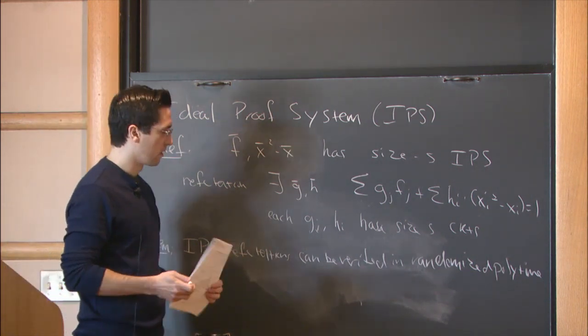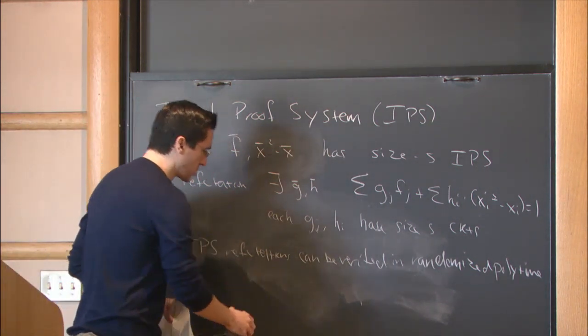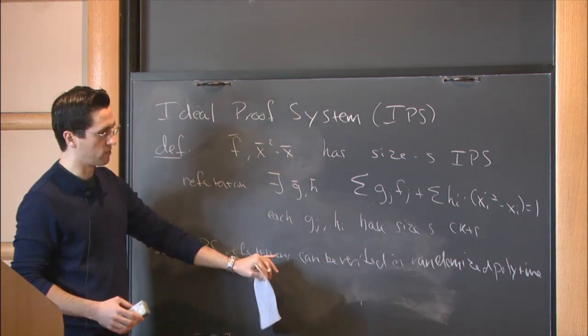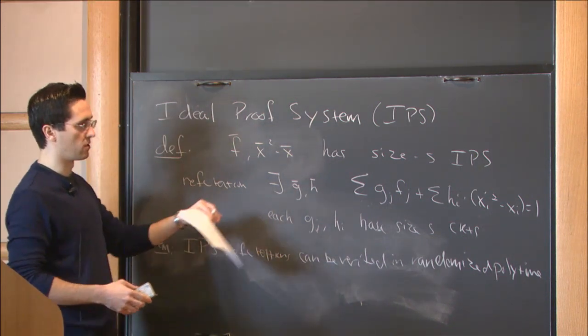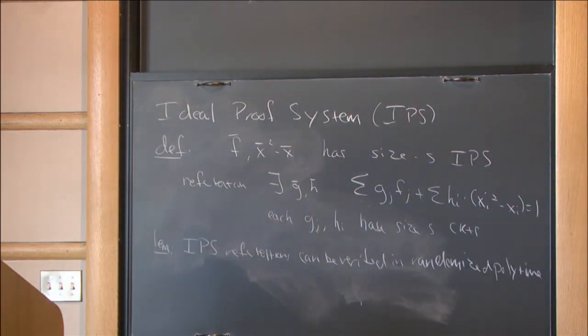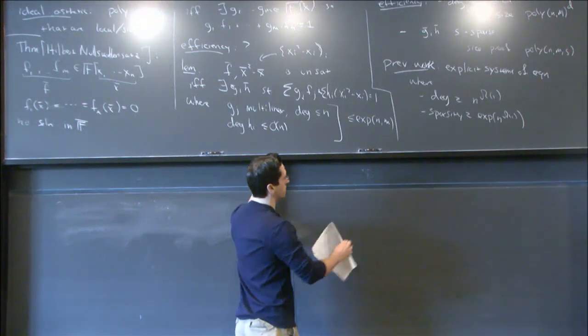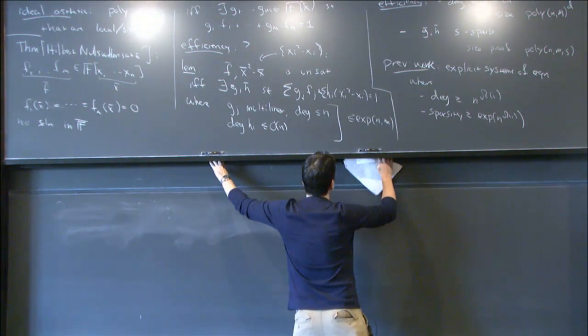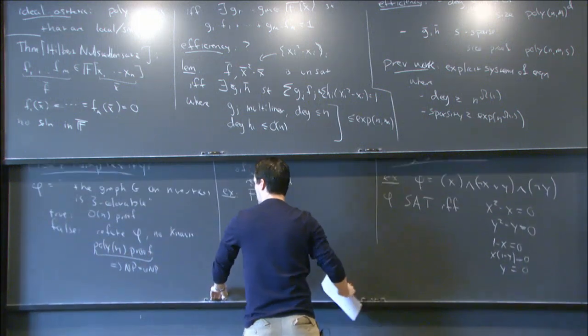Okay. So this is saying that modulo the fact that you can only verify in polynomial time, this is a legitimate proof system. And an interesting question is just how powerful is this proof system, like in relation to other well-known things.